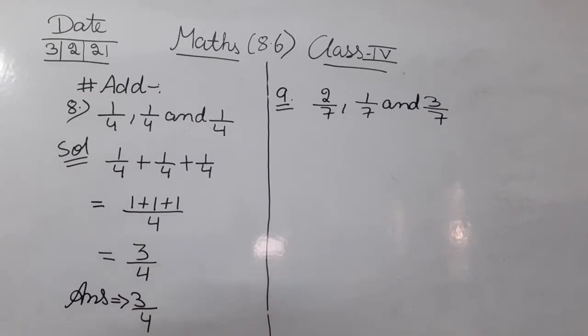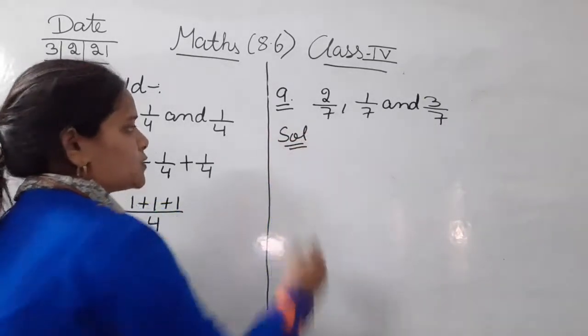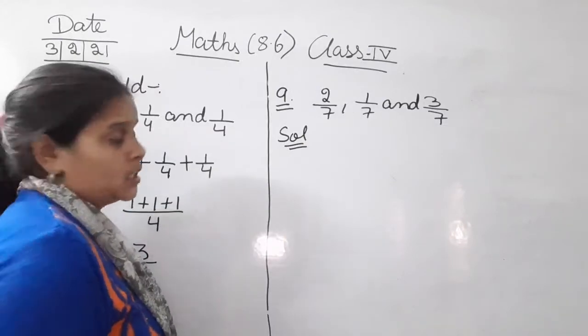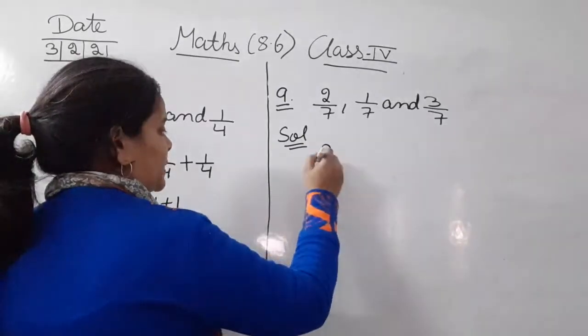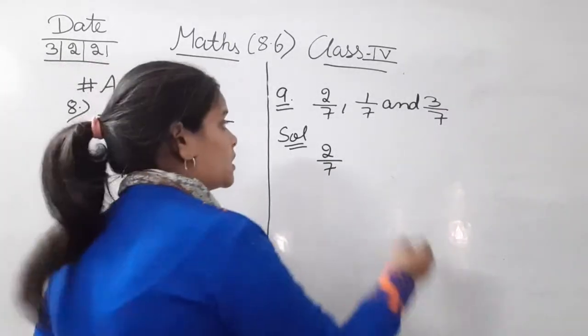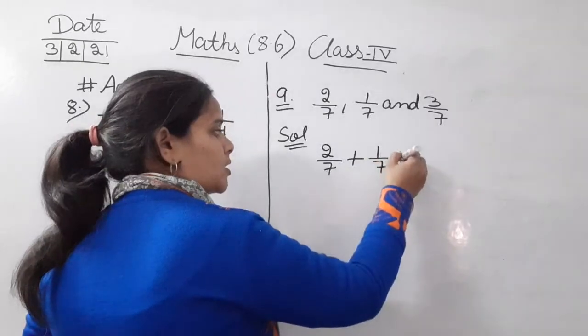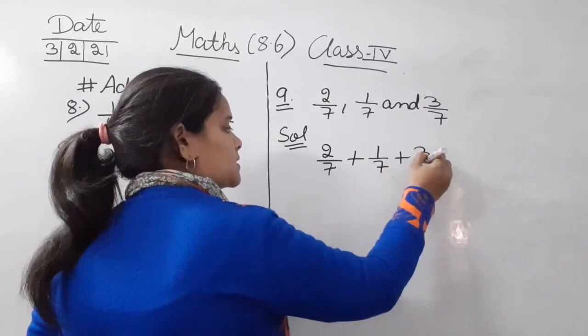So now we have to add these three fractions. Okay, so let's add them. Okay, so first of all we are going to write them by putting the addition sign in between. So 2 upon 7 plus 1 upon 7 plus 3 upon 7.